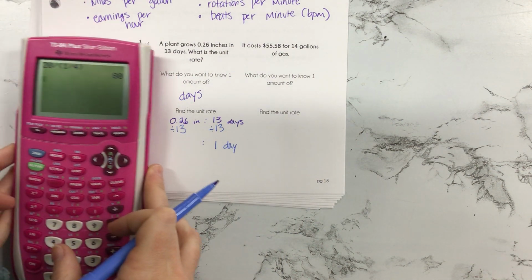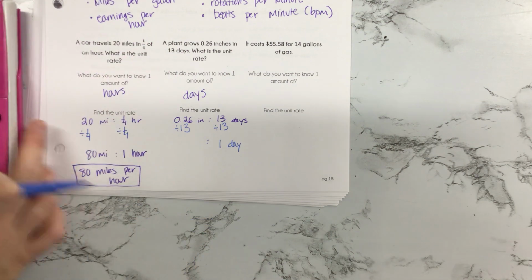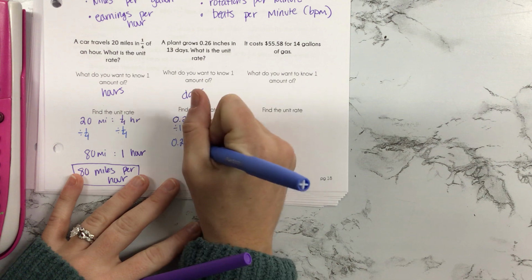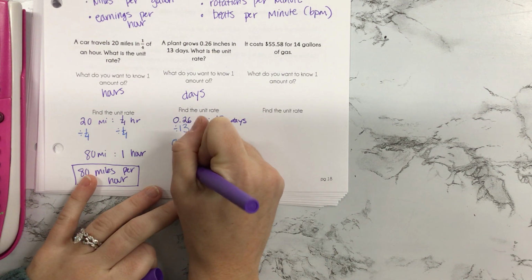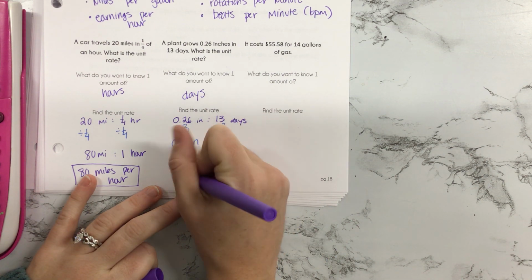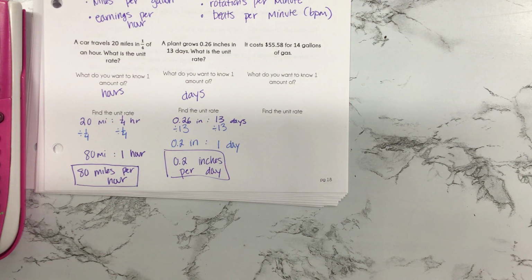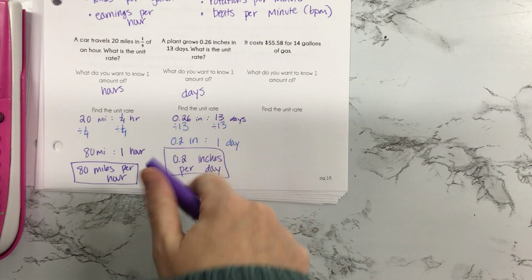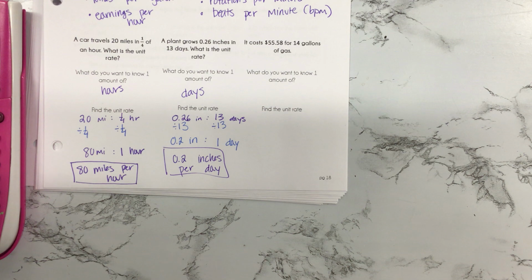And my calculator, 0.26 divided by 13 is 0.02. So it grows 0.02 inches per day. And that's why I set it up this way, so I can keep track of which label goes where. That's why we write it as a ratio.